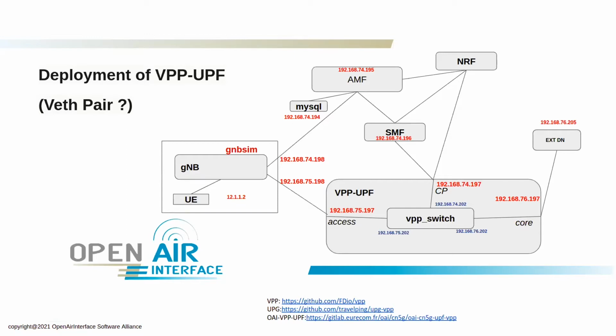So that's why we need a virtual Ethernet pair, where one end points to the software switch, and one end points to the interface of a container or bare metal machine. So in your network also, whatever IP address terminates with 202, it means it is the IP address of the veth pair in your setup also.